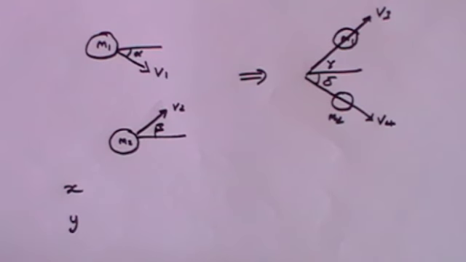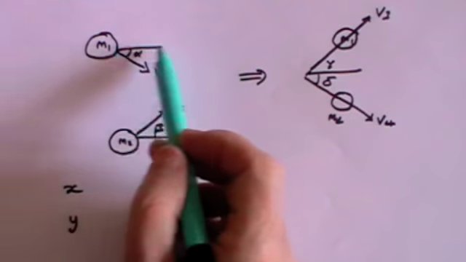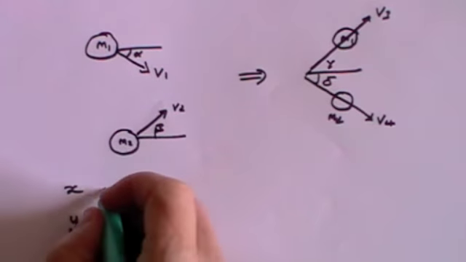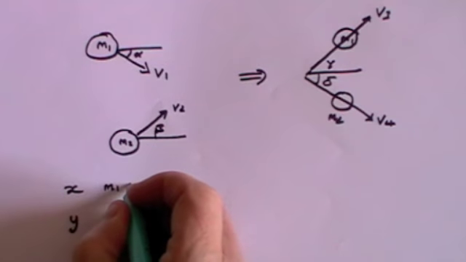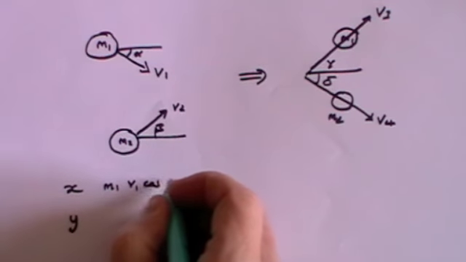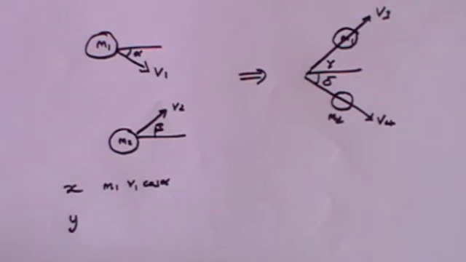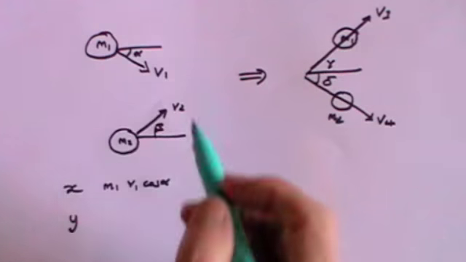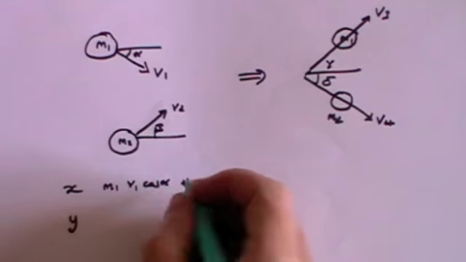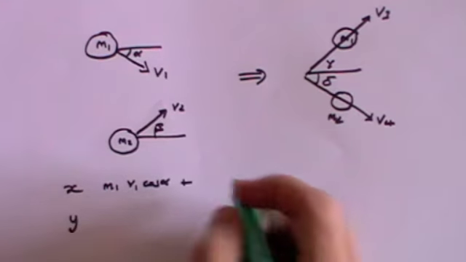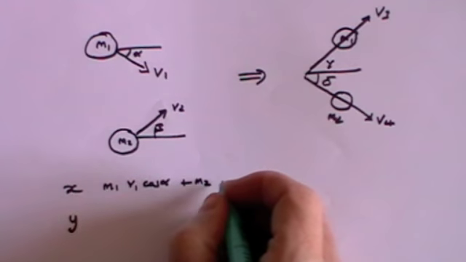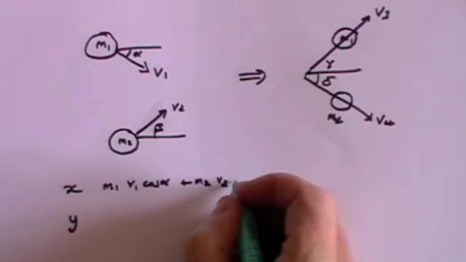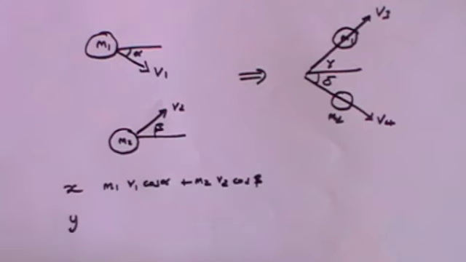So what is the x situation? Well, for this one, the momentum will be m1 times v1 times the cosine of the angle alpha. That's the momentum in the x direction for this ball. What's this one? That will be plus, because we're still going in the left to right direction, m2 times v2 times the cosine of beta.